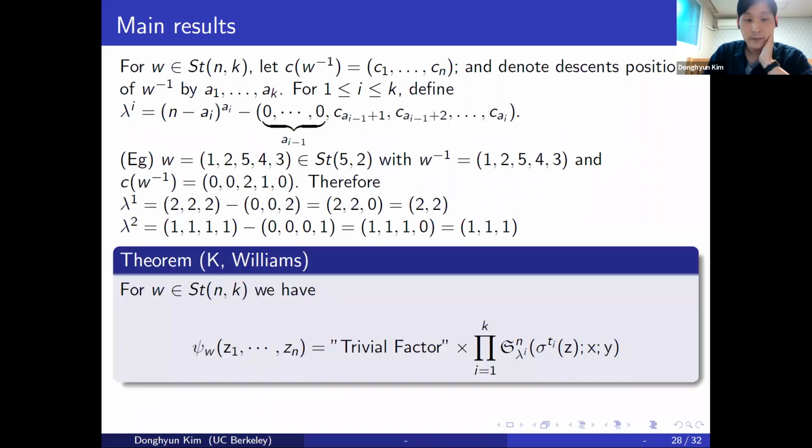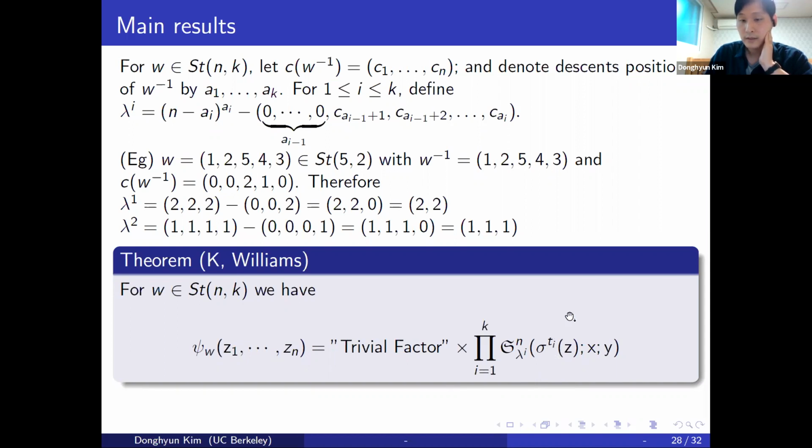And our main theorem says that if W is in ST(n, k), then psi of W(z) is given as a trivial factor times a product of Z Schubert polynomials. Here the notation sigma means that we cyclically shift Z variables.